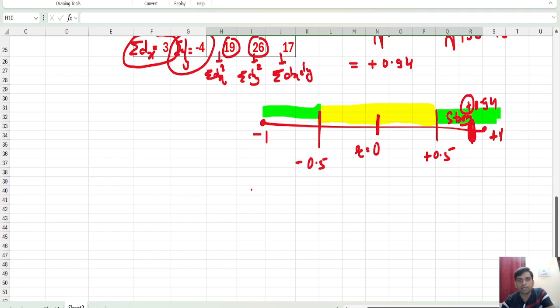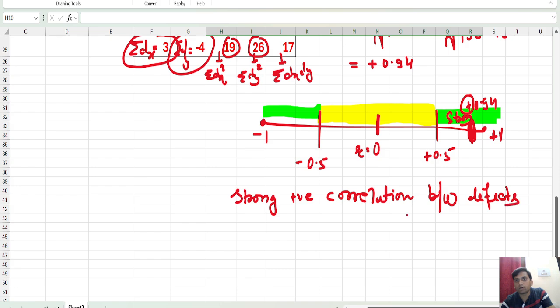So we can say there is a strong positive correlation between the defects of factory A and B. So this is the solution of this question.